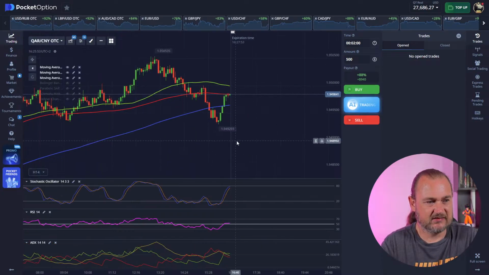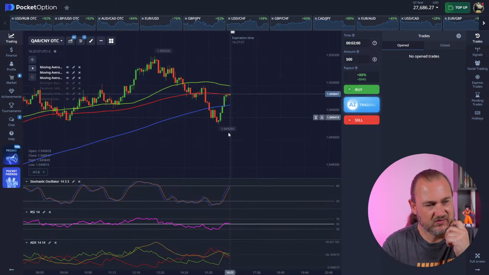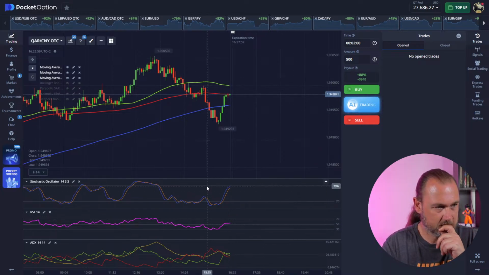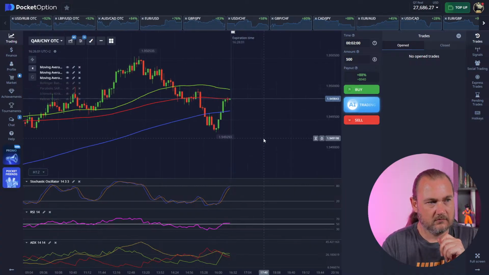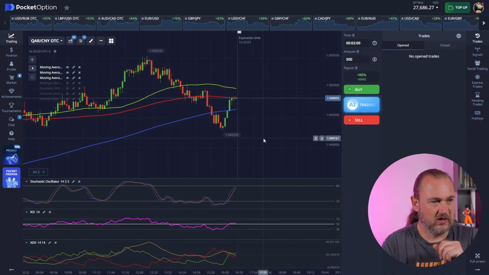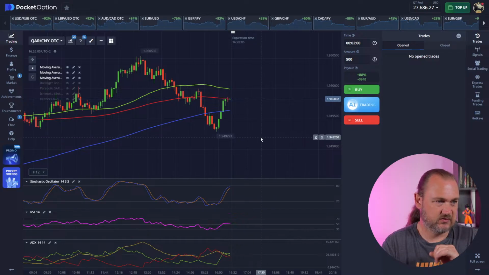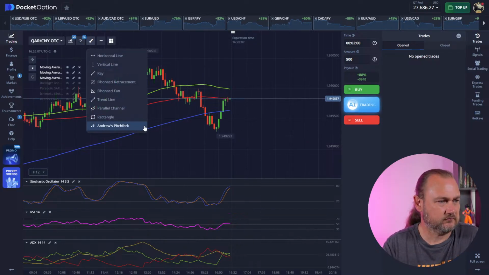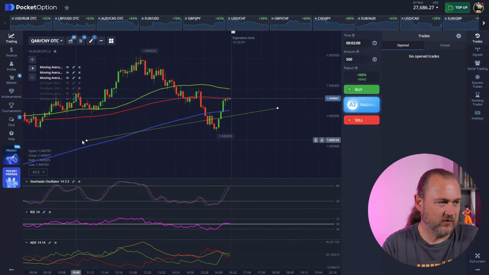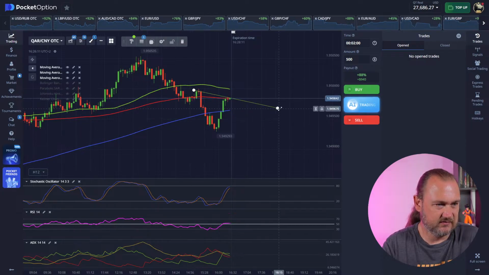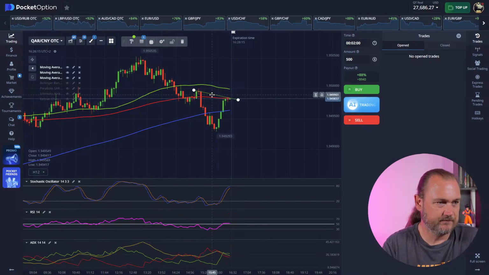Sometimes we get, this looks good as well. Yep, this is looking like the best option so far. So sometimes we get a ton of entries, and sometimes the market just doesn't play along.